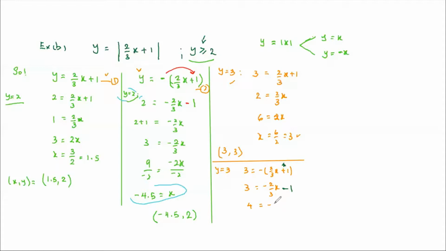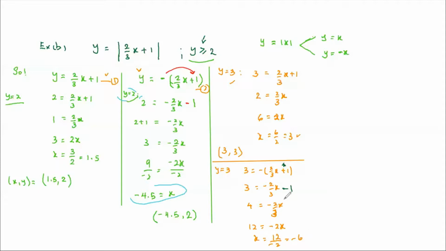And then you left this side negative 2 over 3x. Now you LCM again, or cross multiplication, 3 times 4 becomes 12. This side 3 cancels, you left negative 2x. Then your x equal to 12 divided by negative 2. So you have negative 6.